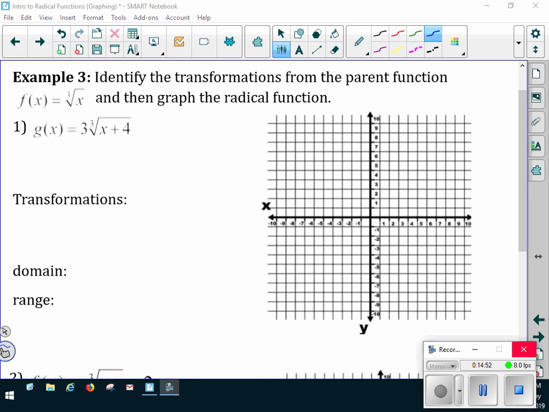Can you see number 1? 3 times the cube root of x plus 4. Now I'm going to give you about 30 seconds to think about what the transformations are.